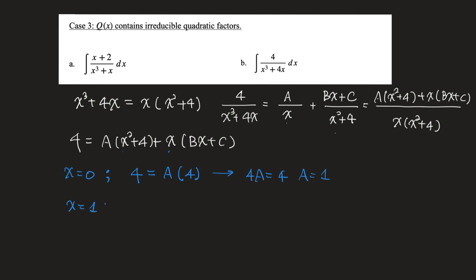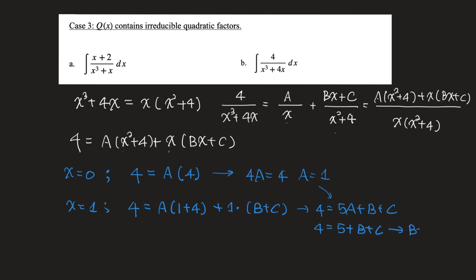With x equals 1: 4 equals A(1 squared plus 4) plus 1 times (B plus C). So 4 equals 5A plus B plus C. A is 1, so 4 equals 5 plus B plus C, so B plus C is -1.